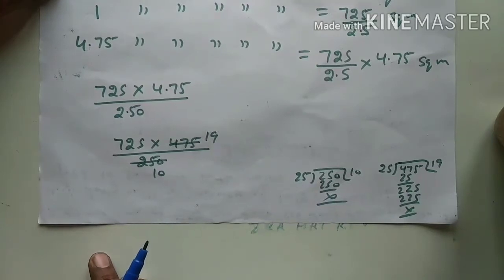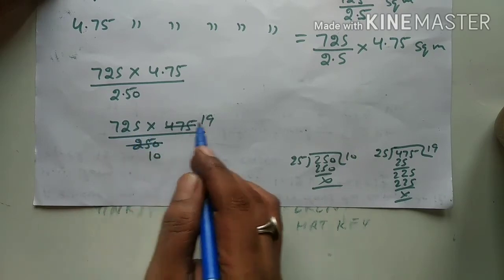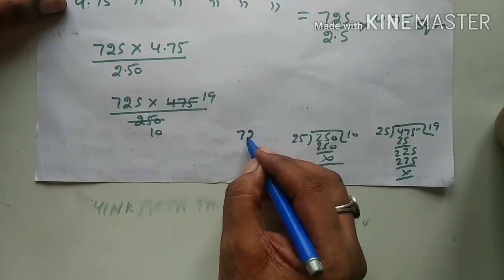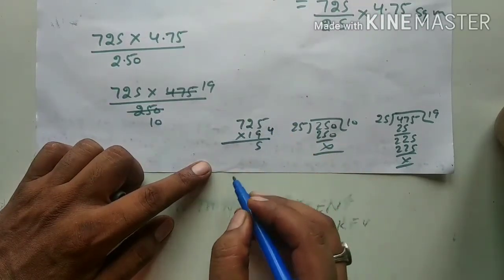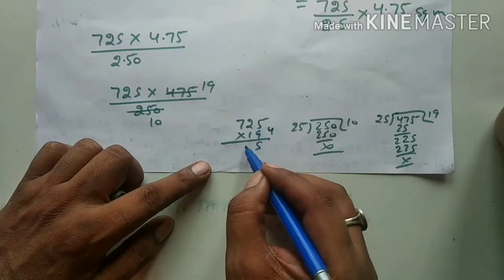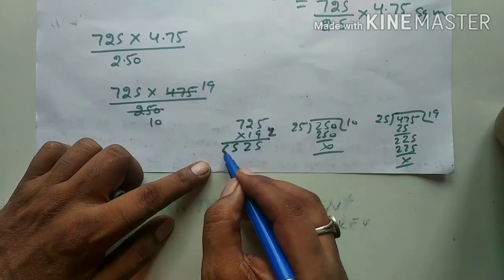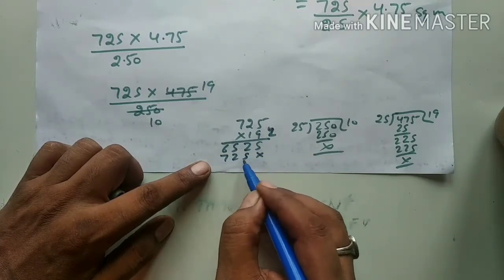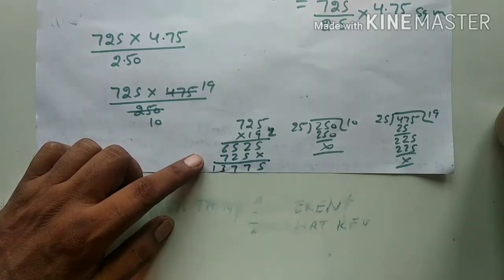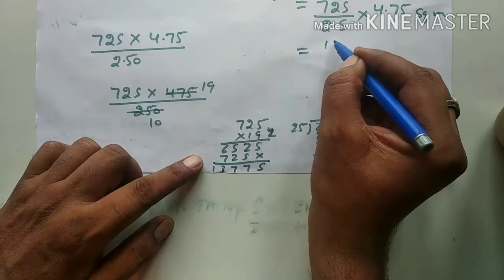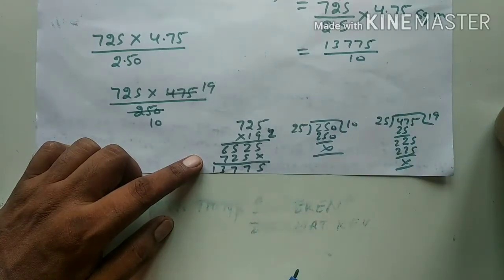Okay, student? Now I will multiply 725 with 19. Now 9 5s are 45, carry 4, 9 2s are 18, 18 plus 4 is 22, carry 2, 9 7s are 63, 63 plus 2 is 65. Now 725, 13775. Now we can write 13775 over 10. Clear, student?